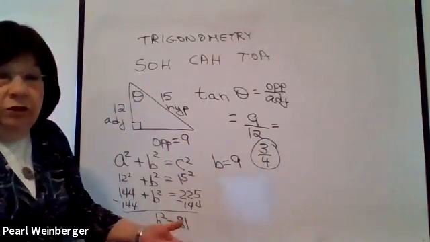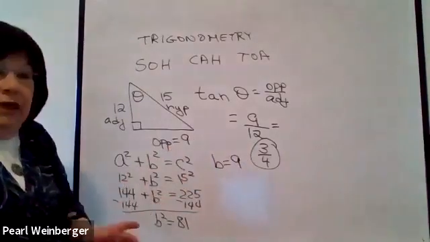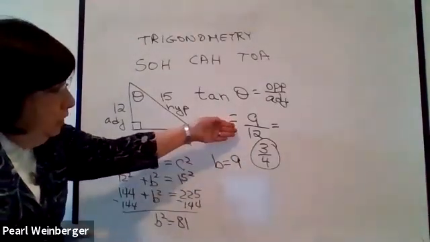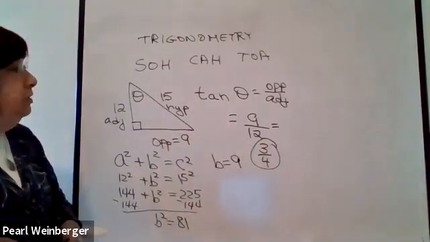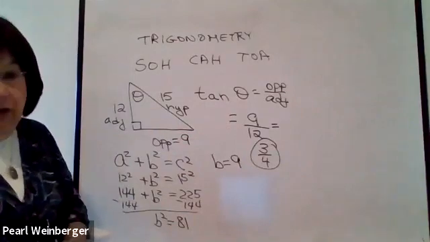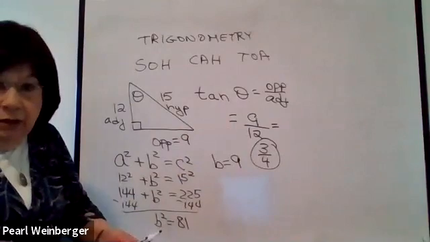If you want, you could change it to a decimal by dividing the 3 by the 4 and get 0.75. But what we usually do is we leave it as a fraction. The tangent of theta for this particular triangle was 3/4. Any question about that?